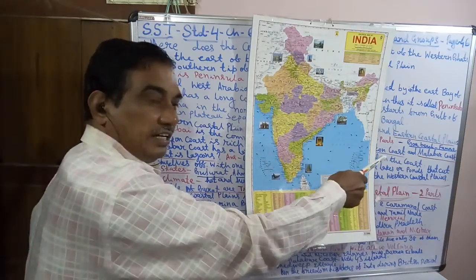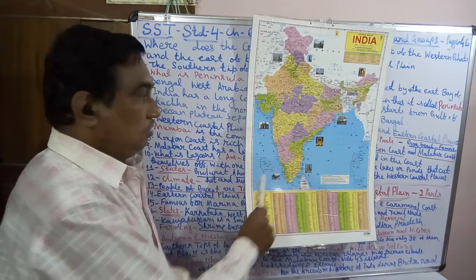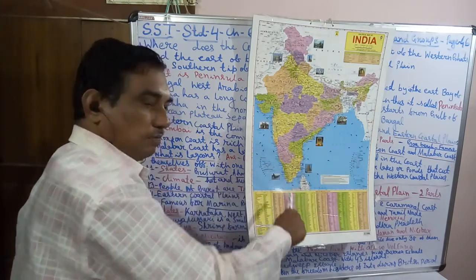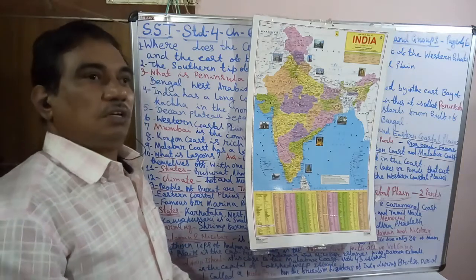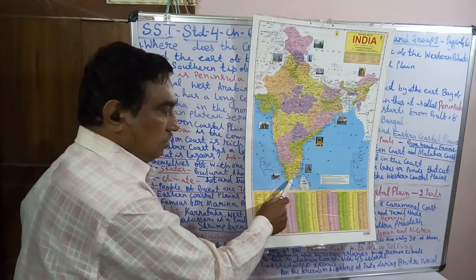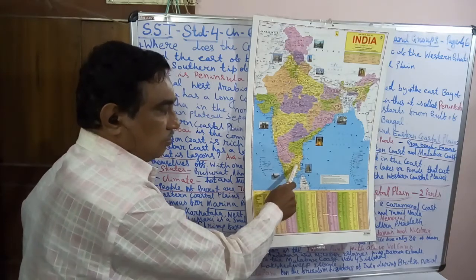This is the eastern side, this is the western side. The southern tip of the mainland is called Kanyakumari.